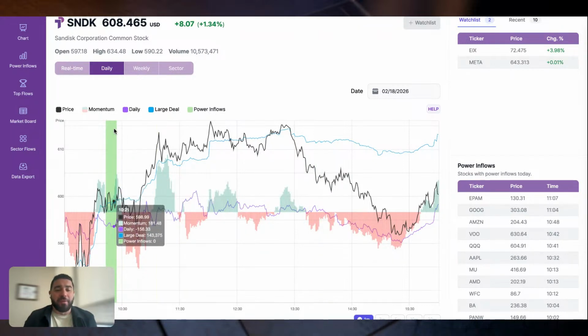Then over here, that vertical green bar is what we call our power inflow signal. This signal usually gets activated within the first 2 hours of the trading day, anytime we sense a real significant shift in the order flow from negative to positive. It's essentially a bullish trend indicator based on the order flow shift we've seen.